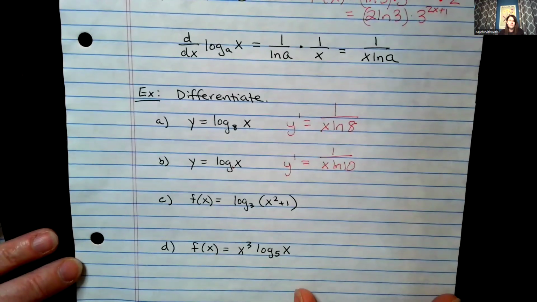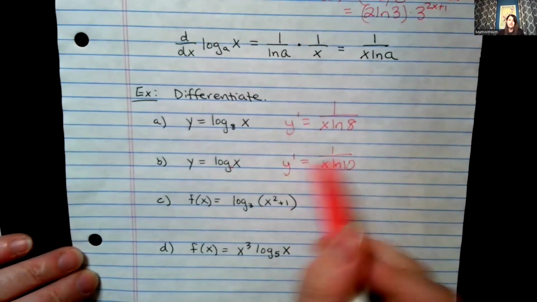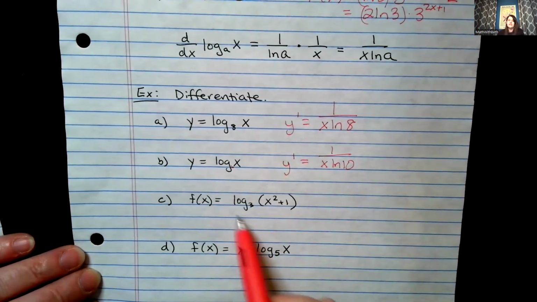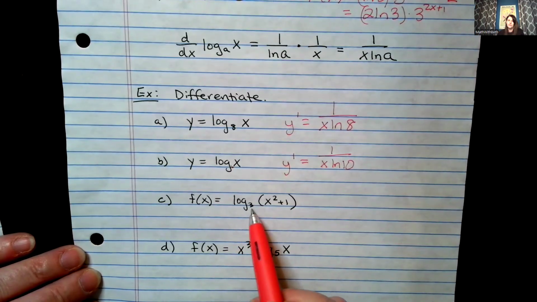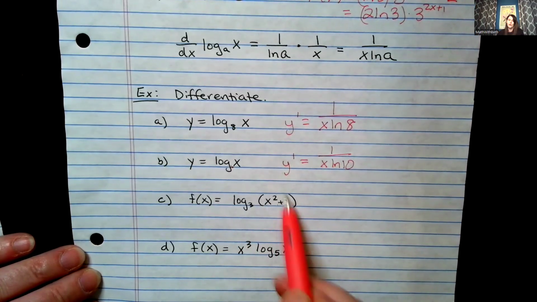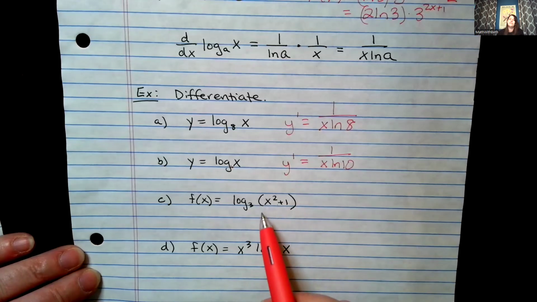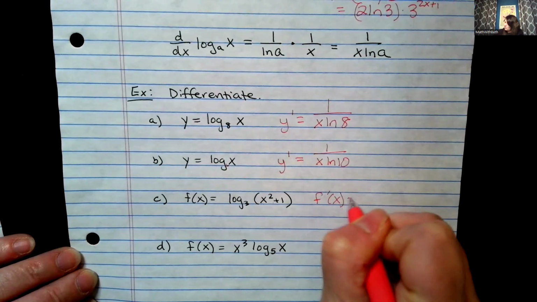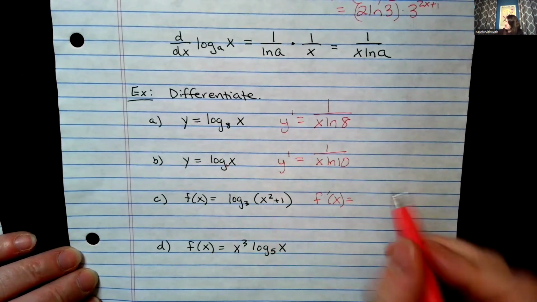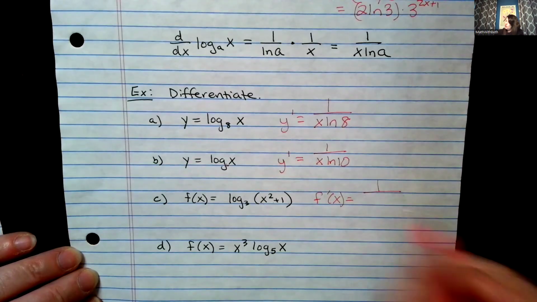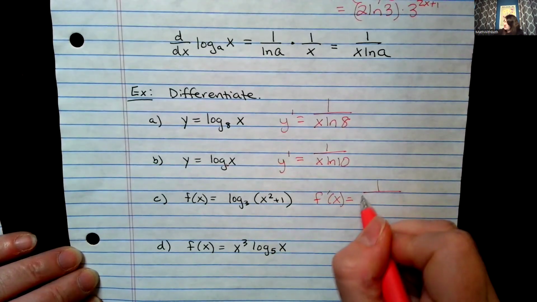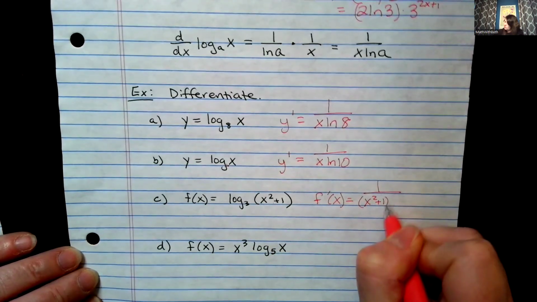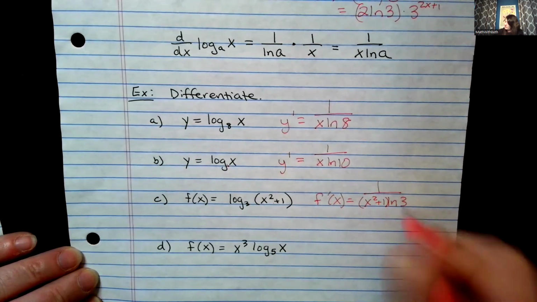Again, let me show you some more complicated ones, but that is the main idea. This one again is going to involve the chain rule because it's not just log base 3 of x. It's something more complicated. It's a function inside a function, so you need the chain rule. All you have to do is add that one extra step at the end. So first, this would become 1 over, so instead of just x, it would be x squared plus 1, times ln 3.